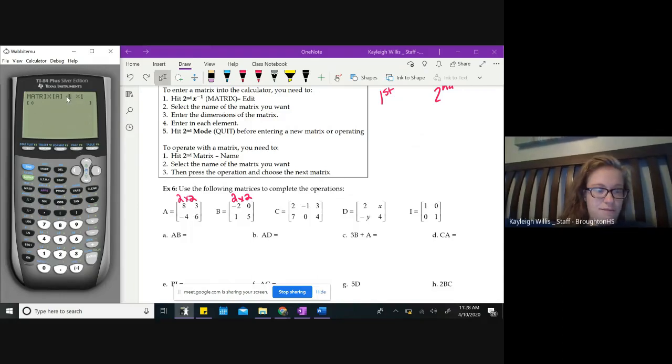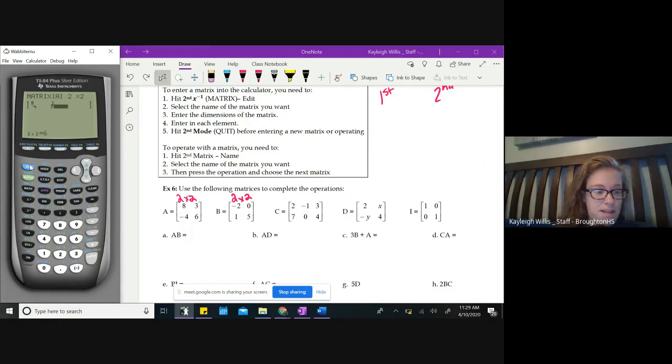Right now, it's always defaulted to a 1 by 1. So I'm going to make it a 2, enter, 2, enter. Now it looks just like it, but with zeros. So it's a 0 matrix right now. I'm going to make it matrix A. So 3, -4, and you have to hit enter each time, 6. Okay?